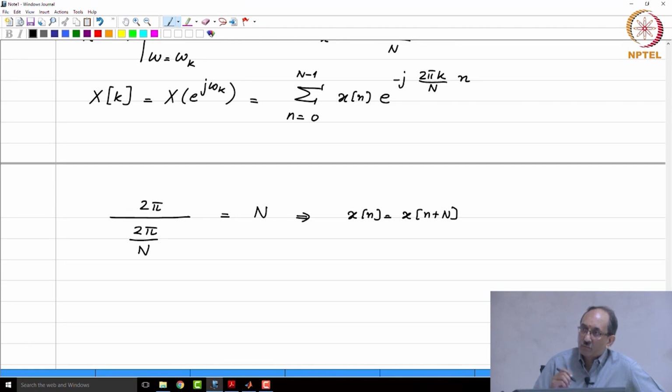So, now here you are sampling in the frequency domain, therefore, in the other domain which is time, the signal has to be time limited. So, everything is consistent. The signal is time limited, you sample, periodic repetitions occur with periodicity capital N, and there is no aliasing. Yeah, question.